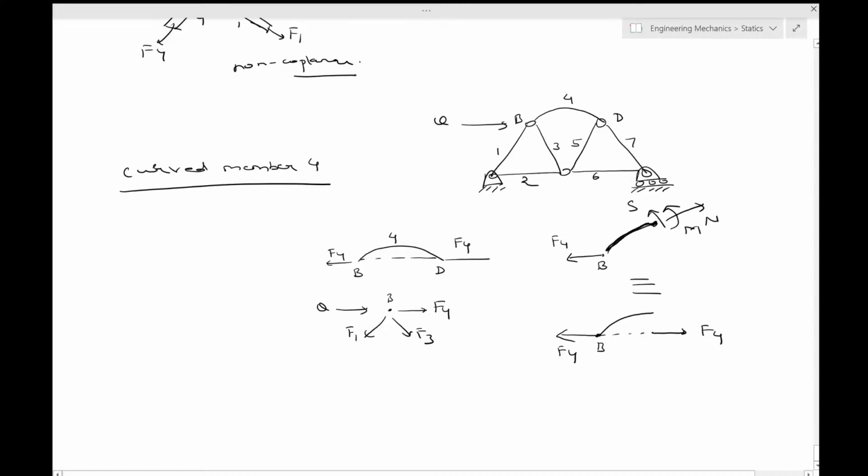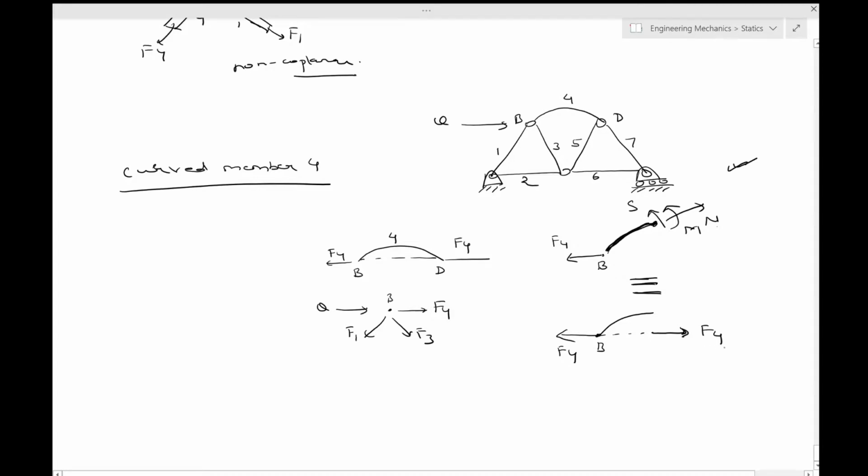So for this curved member, number 4 in this particular truss, at any point you will have this normal N, S and M. The resultant of this, which is shown through this, is just a single force F4.